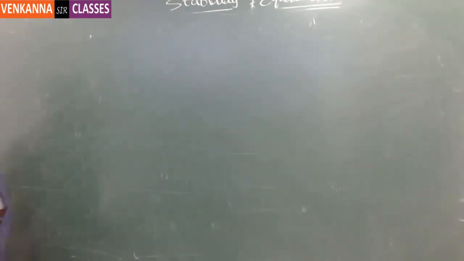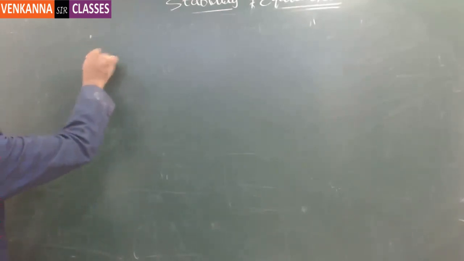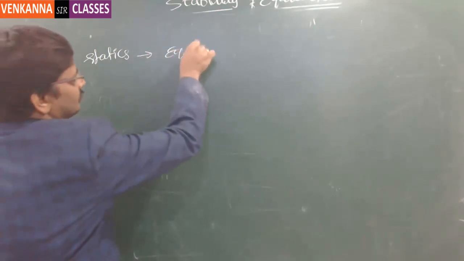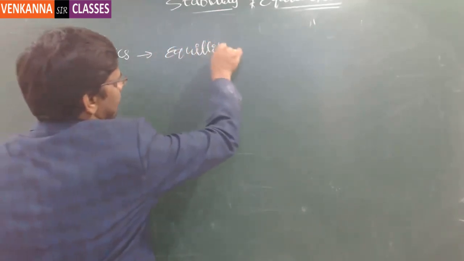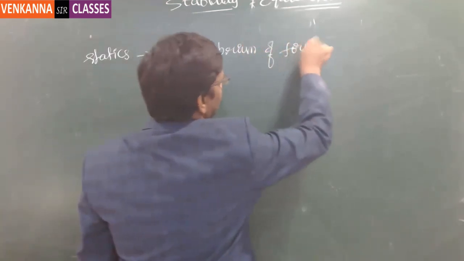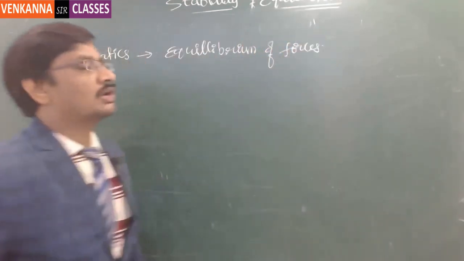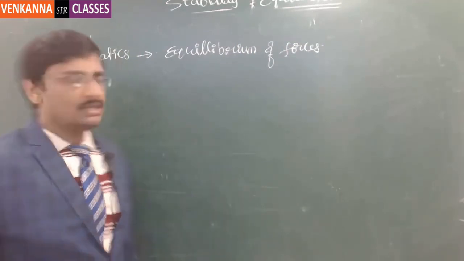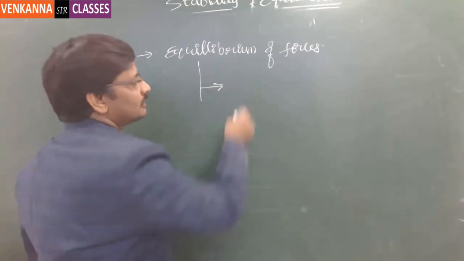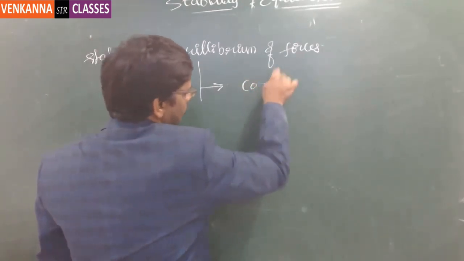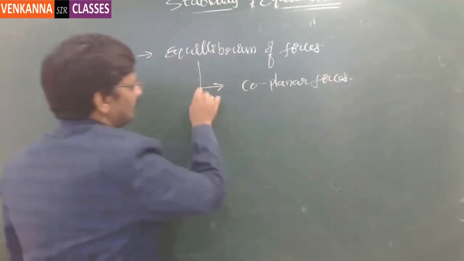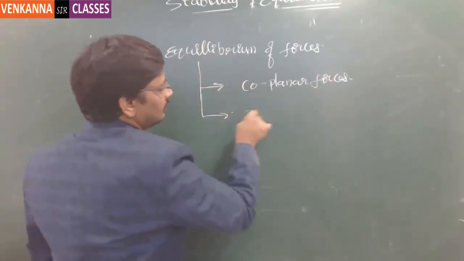Right, so in the entire statics we are dealing with only one aspect, that is the equilibrium of forces. So rather than calling this statics, you can call this equilibrium of forces. But in this case we have divided this into equilibrium of forces for coplanar forces, and the next one we dealt with 3D forces.